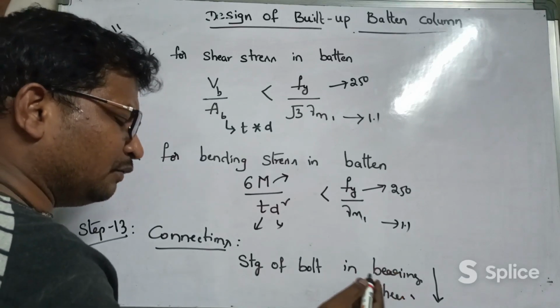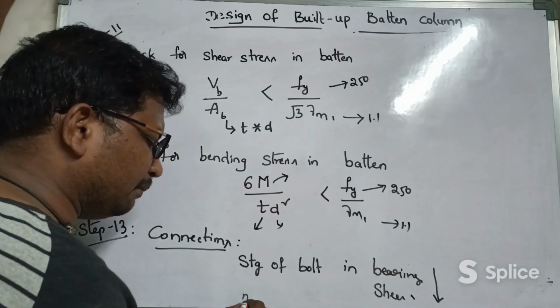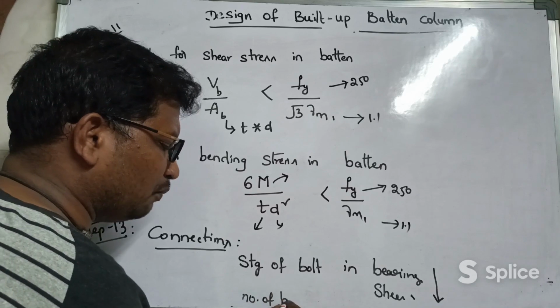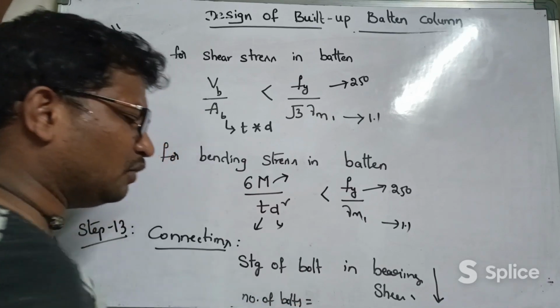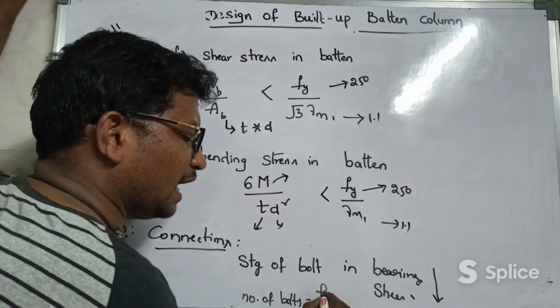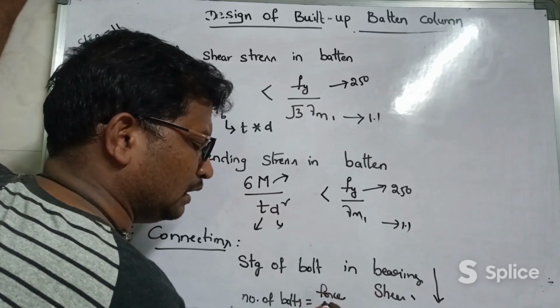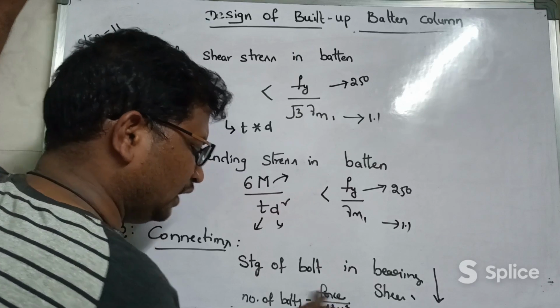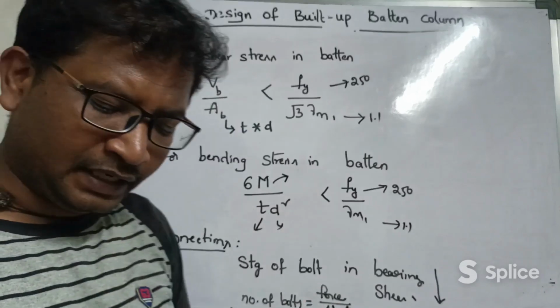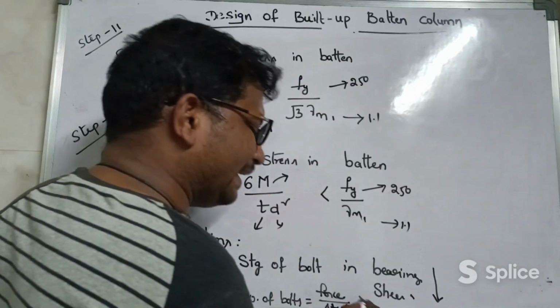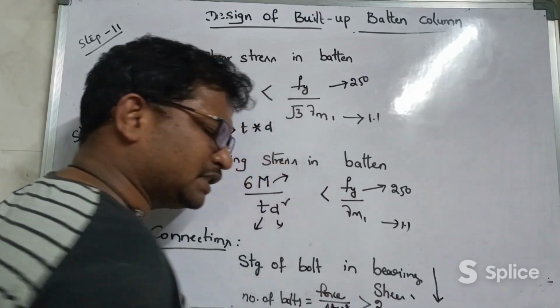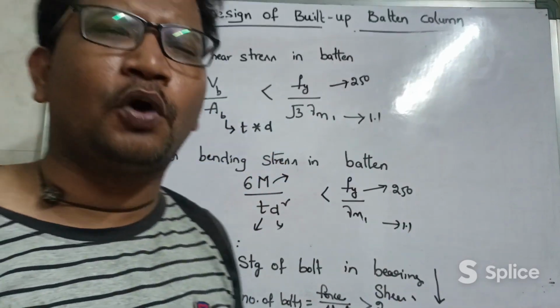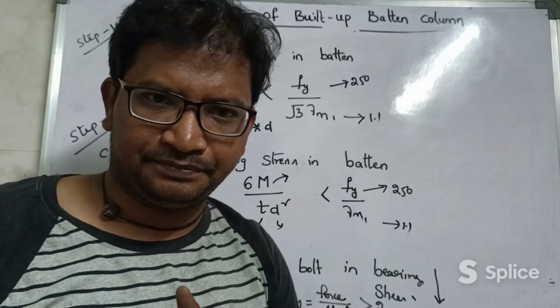Okay, from this we can determine the number of bolts. Number of bolts is equal to forces acting on the batten by strength of the bolt. But be clear, the number of bolts should be greater than 2. At least minimum 2 bolts need to be provided for each batten.